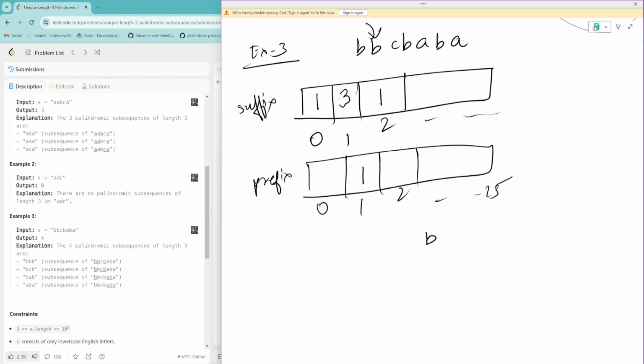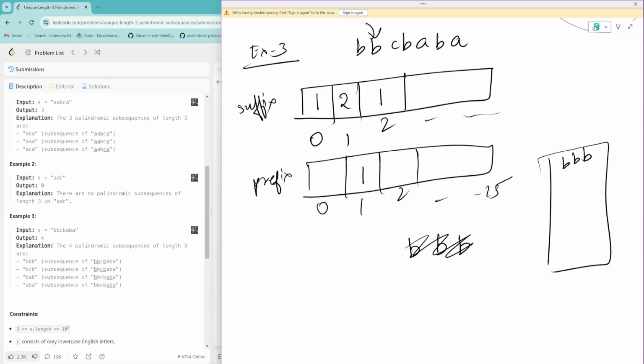Now I am at B. Decrement its suffix. Try to find any element that exists prior to B. Yeah, we have B. Is there any element after B? Yeah, we have B. Then we have found a palindromic subsequence, BBB. Put it into the set.